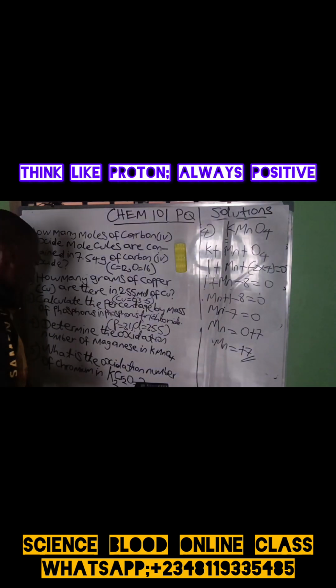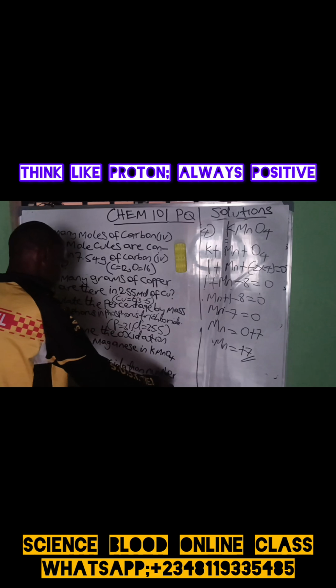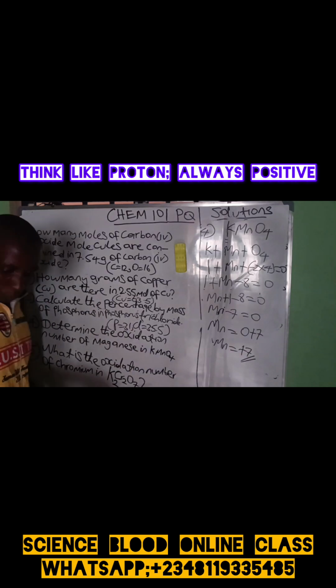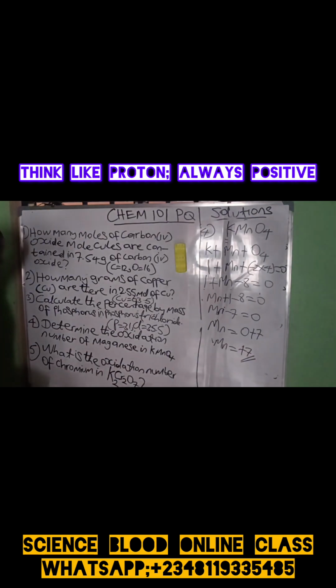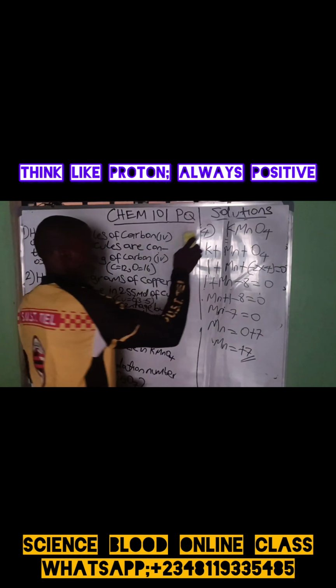Let us move to question number 5. Question number 5 says, what is the oxidation number of chromium in this compound? Okay, let me clean up this.